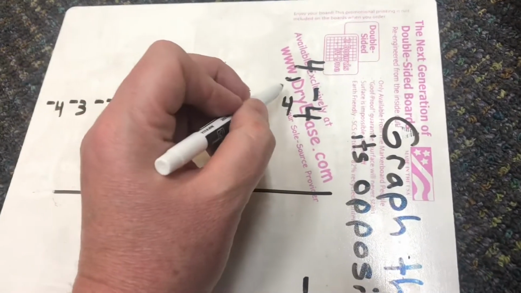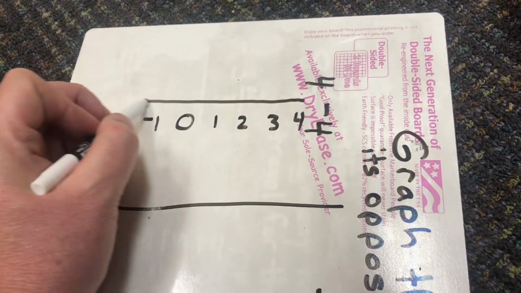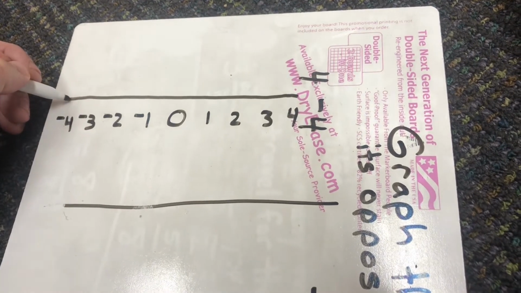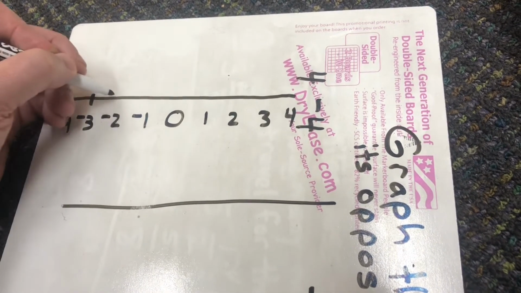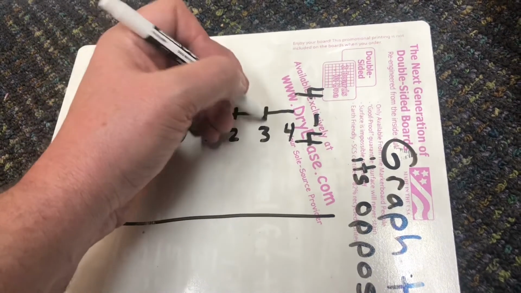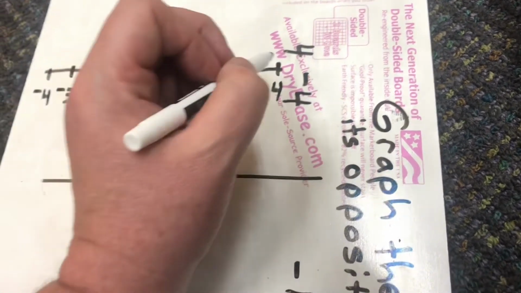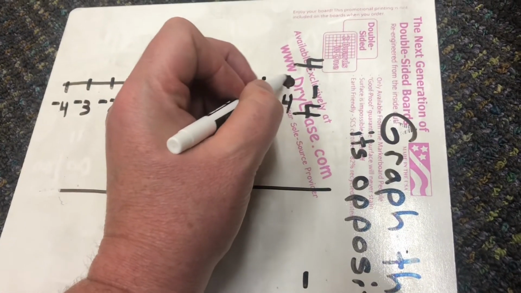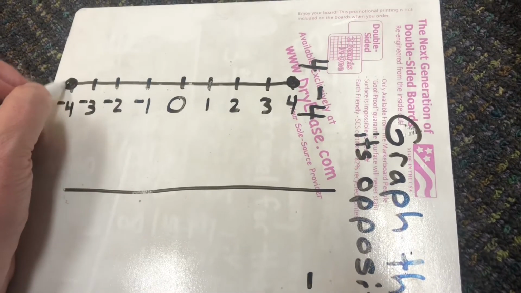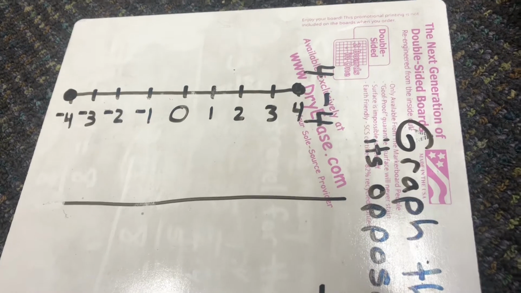Then I make my line and make a mark at each number as an indicator. Since the numbers I'm graphing are 4 and -4, I'm going to make a mark here at 4, and a mark here at -4. That's all there is to it.